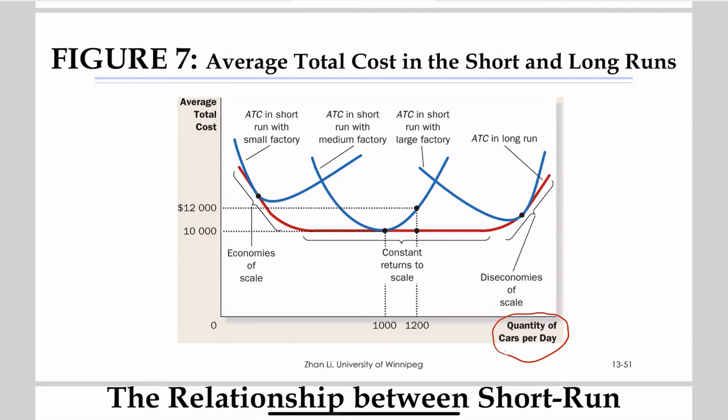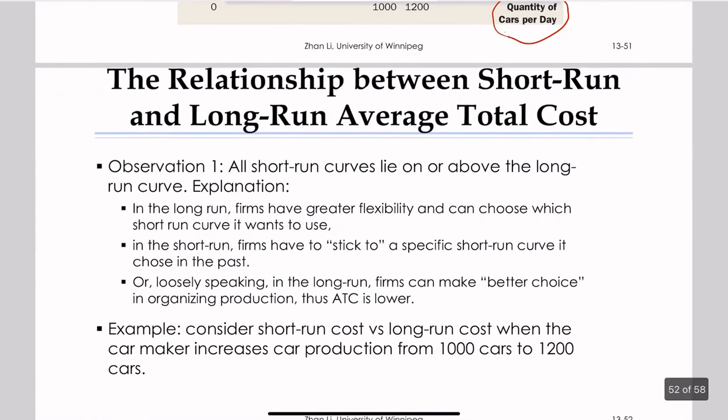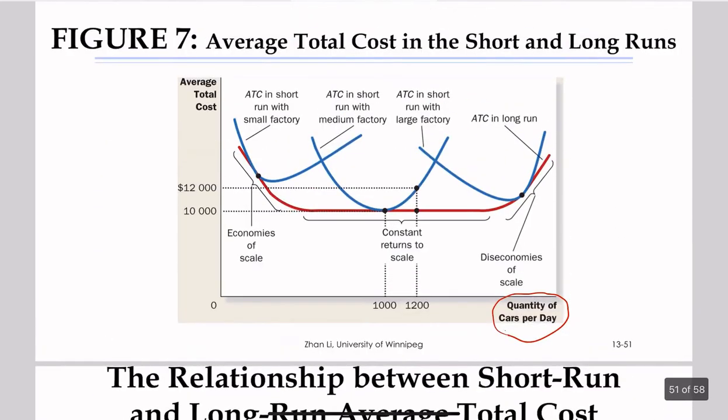Well, this basically says that average total cost in the long run is smaller compared with average total cost in the short run, right?